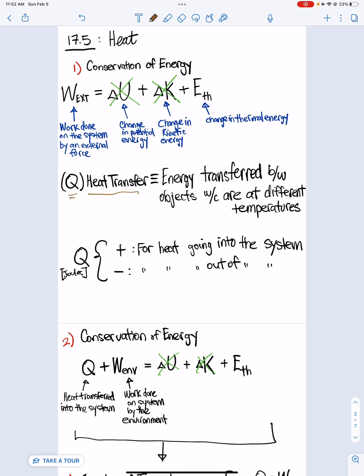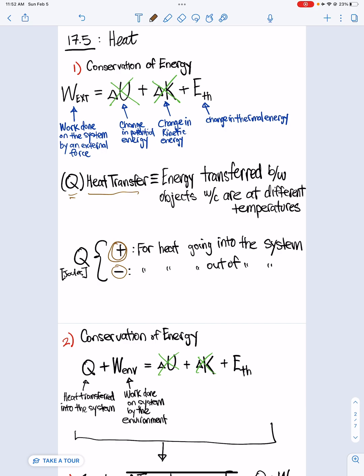Important things to note about heat transfer is it is positive for heat going into the system and negative for heat going out of the system. Okay, so in the case of liquid water and ice, if we're talking about ice, heat goes from the liquid water and transfers into the ice, so the ice experiences a positive heat transfer.